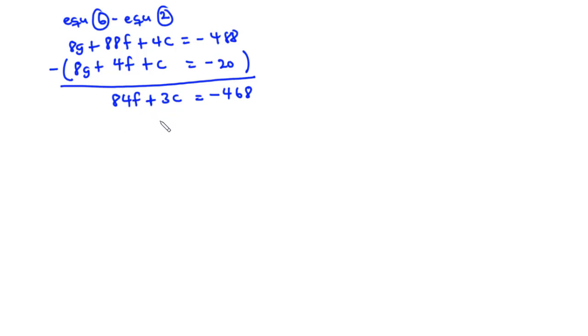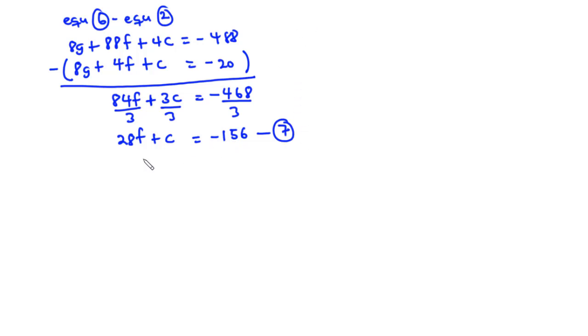Now each of the terms are factors of 3, so we can divide through by 3: 84 divided by 3 is 28. So 28F plus C equals negative 468 divided by 3 is negative 156. So let's call this equation 7.